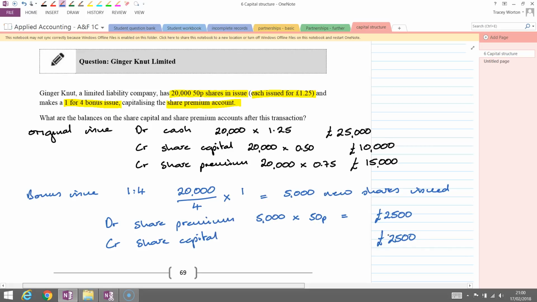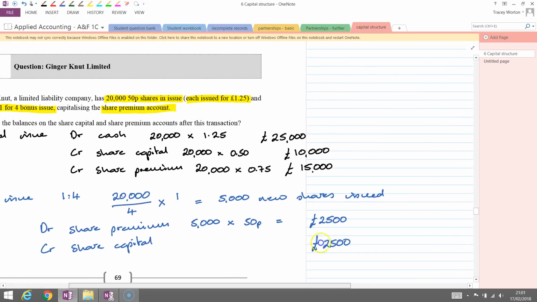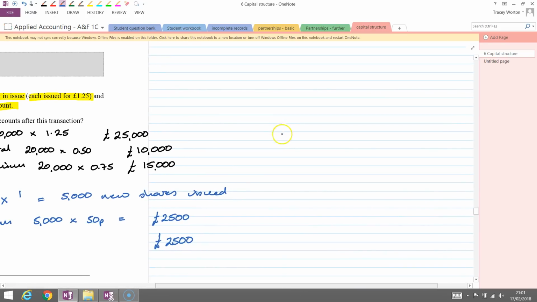So now looking at the equity section, we have share capital. We originally had £10,000 from the original issue, plus the 2,500 from the bonus issue, so we have 12,500.